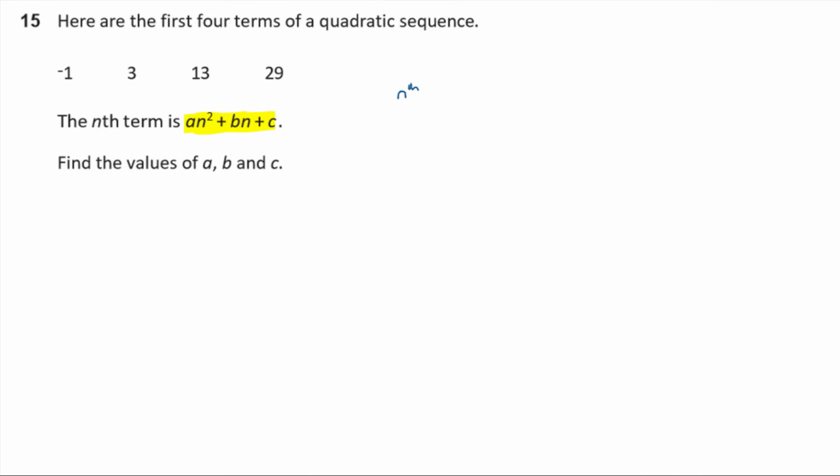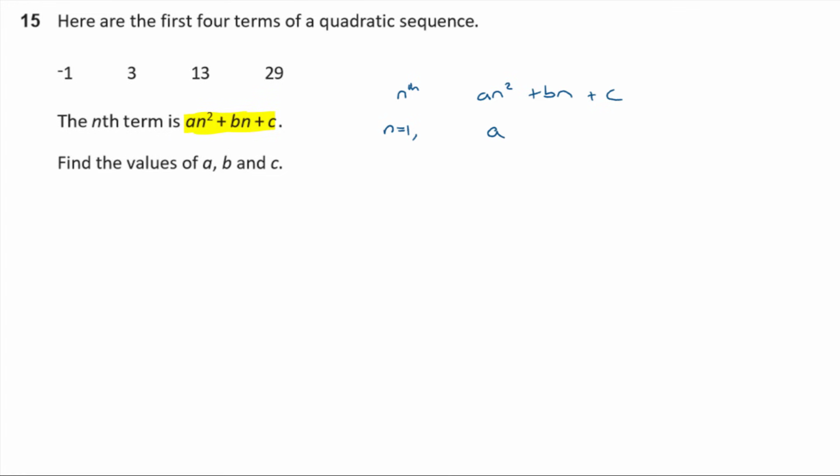If the nth term is an squared plus bn plus c, now the first term, n is equal to 1, isn't it? So if n is 1, then if I sub 1 into this general form, an squared plus bn plus c, then you can see that 1 squared is 1.